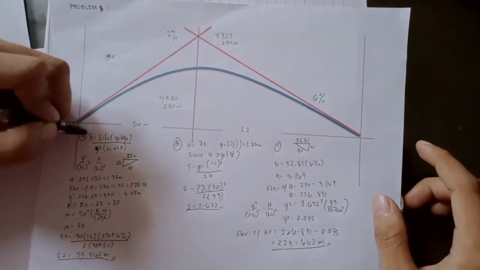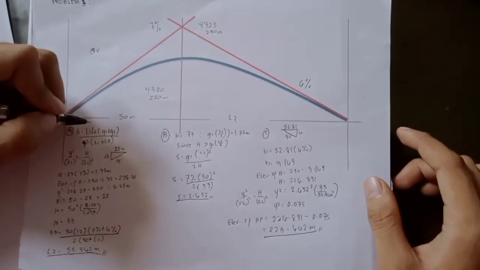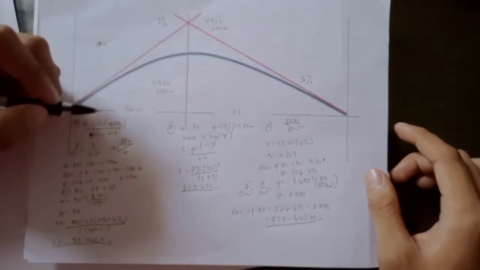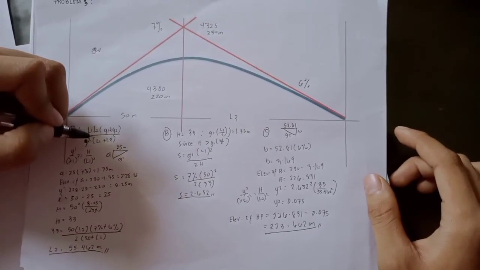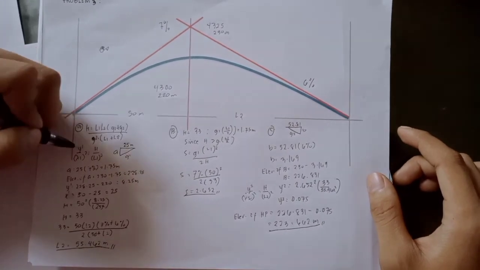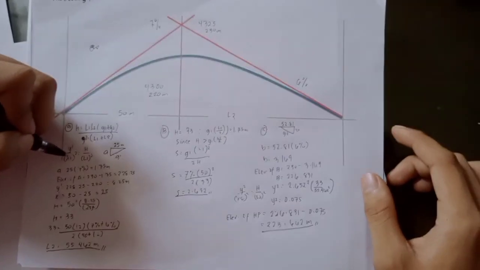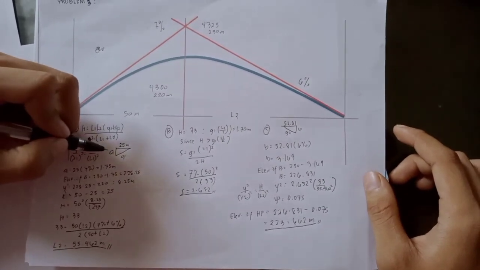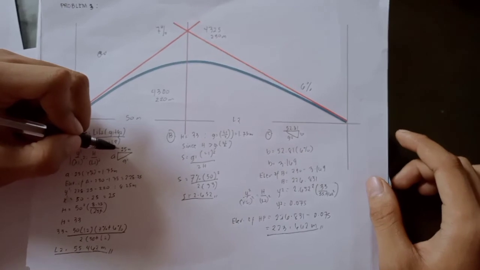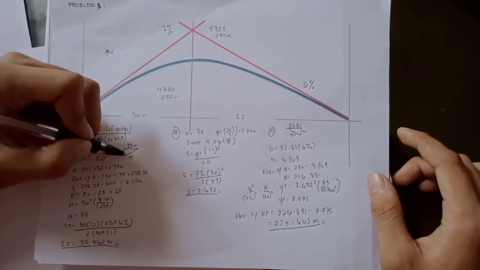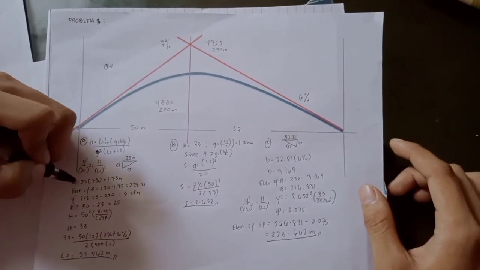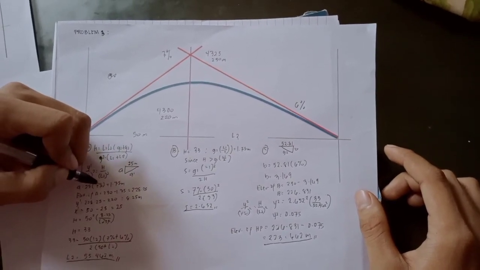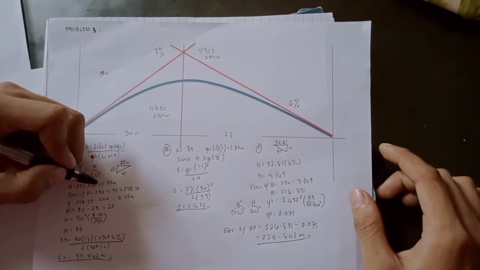So letter A, H is equal to L1, L2 multiplied by G1 plus G2 over 2 multiplied by L1 plus L2. So Y1 over X1 squared equals H over L1 squared. So we have a side of A and we have a 25 meter and a G1. So A is equal to 25 multiplied by 7% and equal to 1.75 meter.